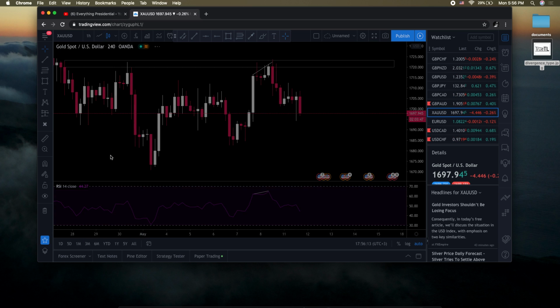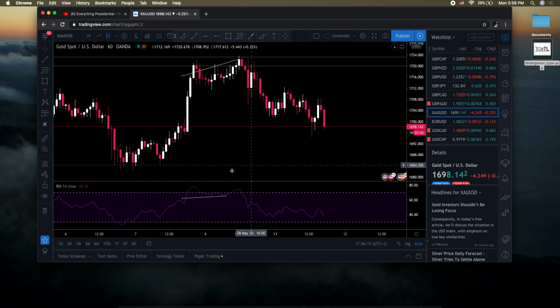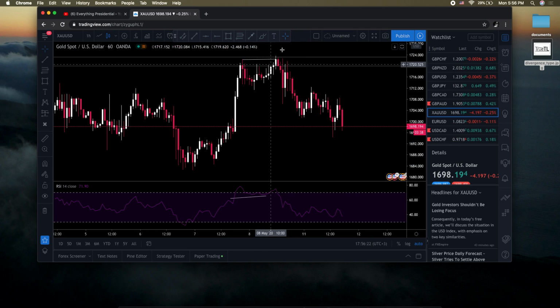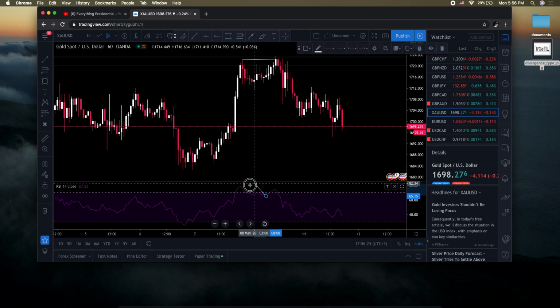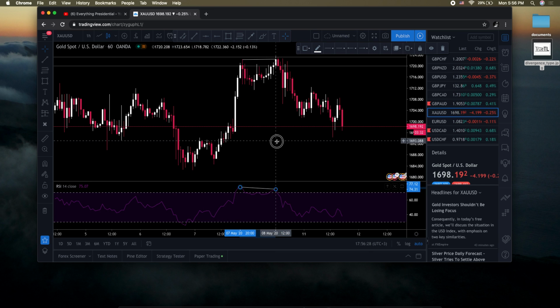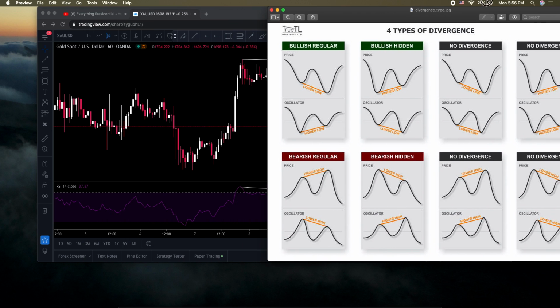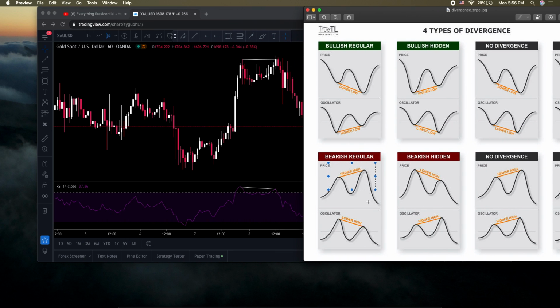If you go to the 1-hour time frame, what do you see? Equal highs, guys. Equal highs were being made the whole time, but on the indicator, the market is making lower highs. So once again, the price is making higher highs, but the indicator is making lower highs: bearish, regular divergence.